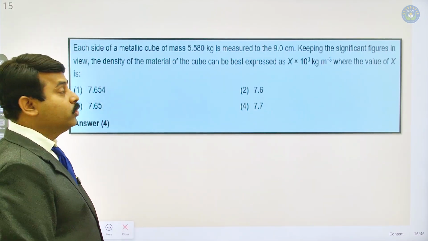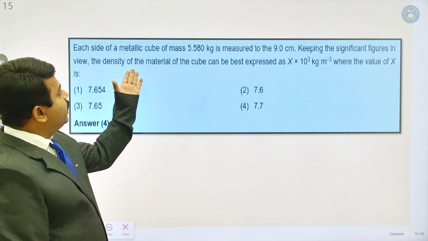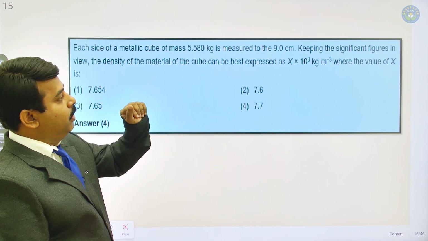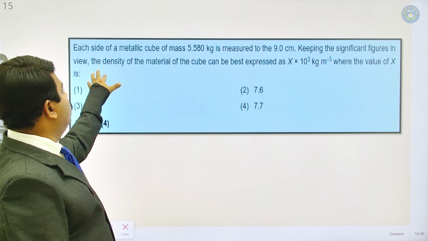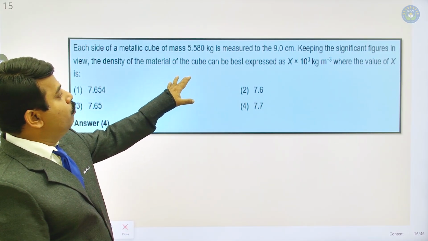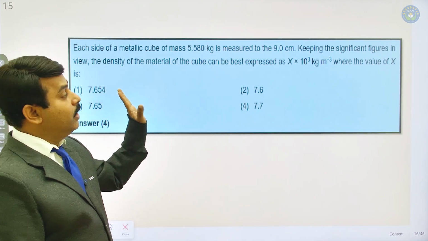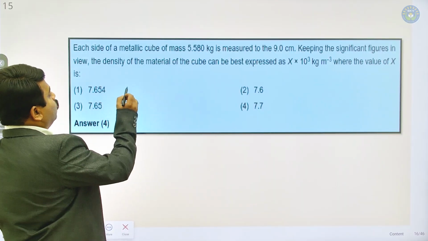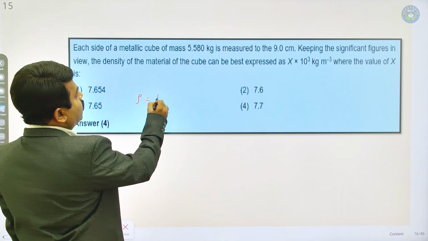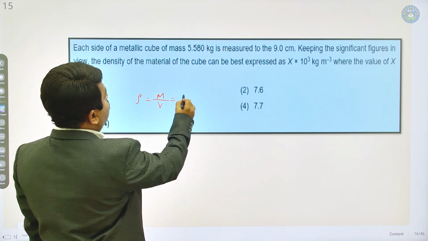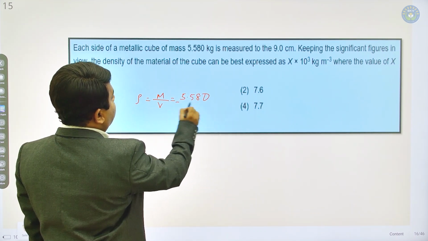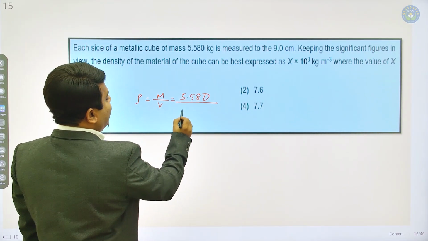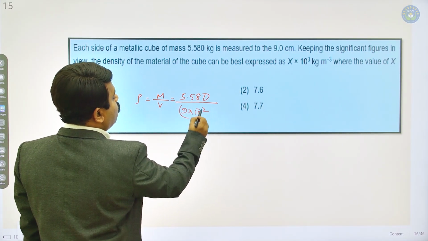Now let us go to question number 14. Each side of a metallic cube of mass 5.580 kg is measured to be 9 cm. Keeping the significant figures in view, the density of the material of the cube is best expressed as x into 10 raised to 3 kilogram per meter cube, where the value of x is? See, density is equal to mass per volume. What is mass given? 5.580 kg divided by the volume of a cube, that is 9 into 10 raised to minus 2, whole cube.